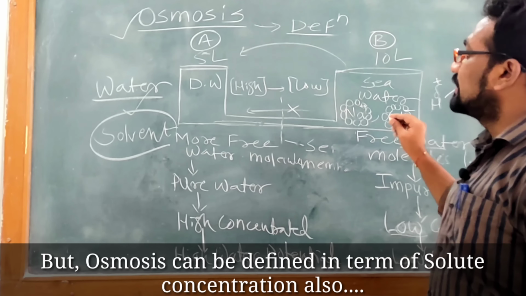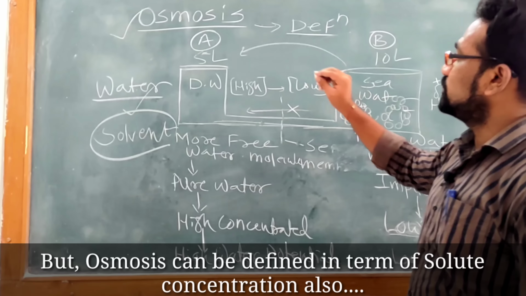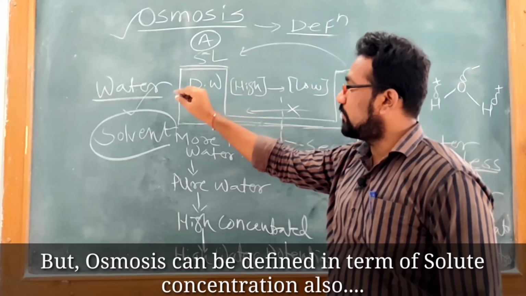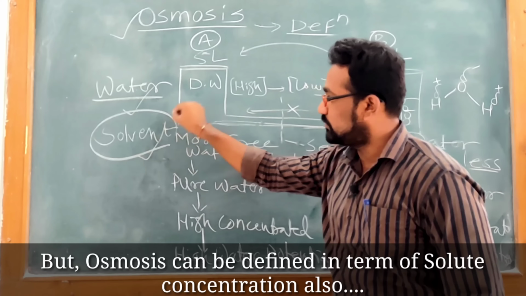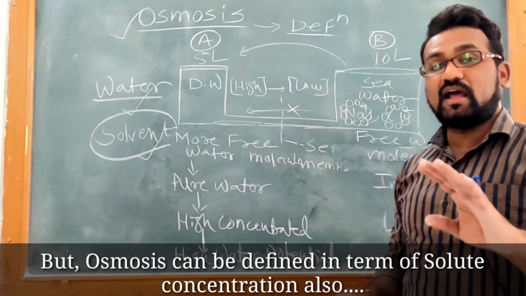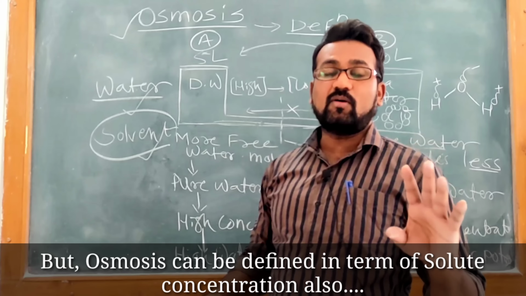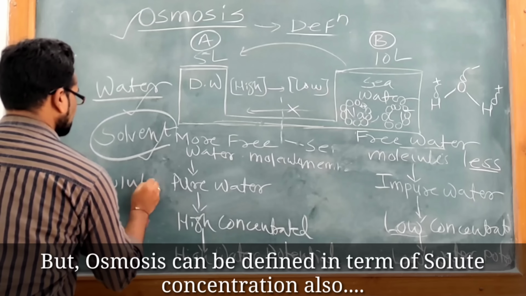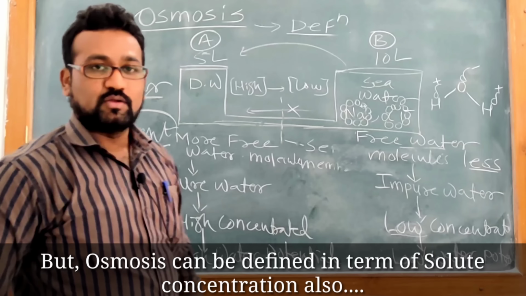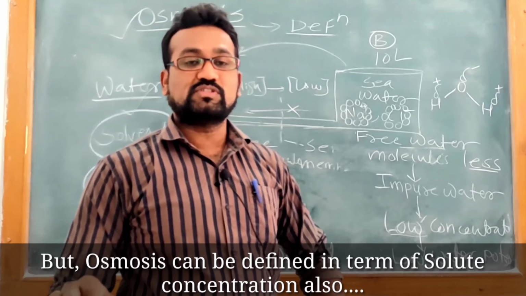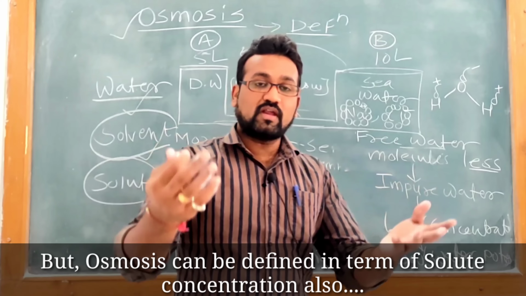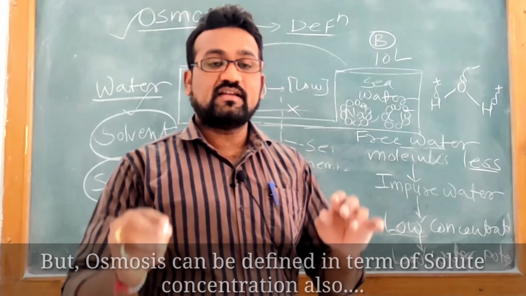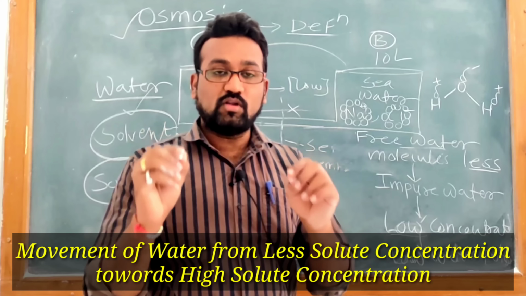But there is another concept for osmosis. We have seen the definition of osmosis in relationship with the solvent. But you can also write the definition of osmosis in relationship with the solute. How can you write it?